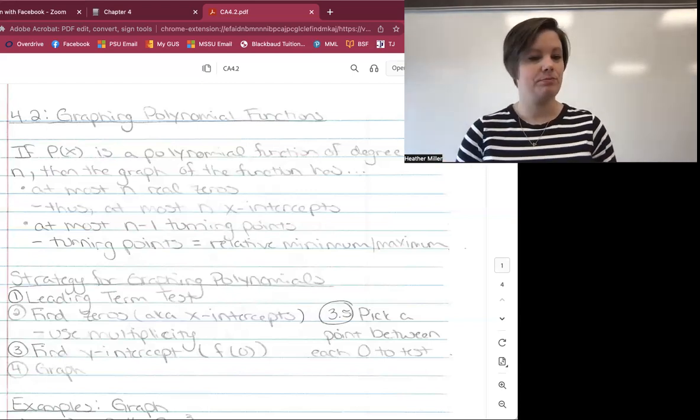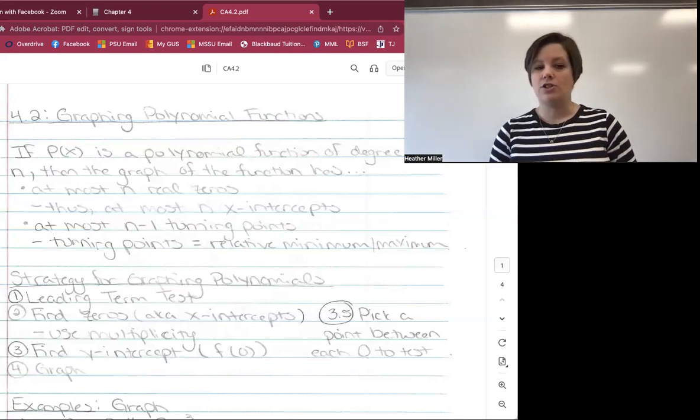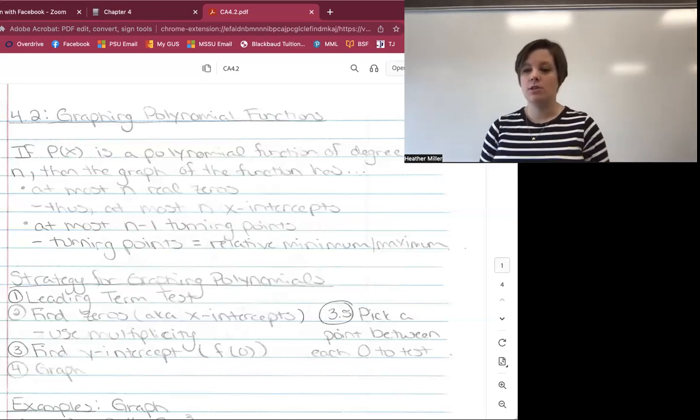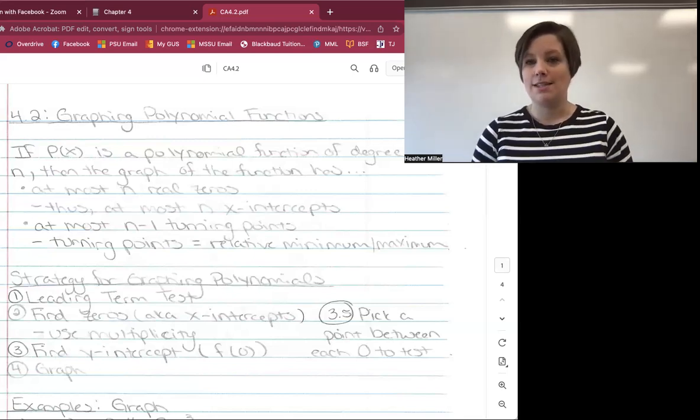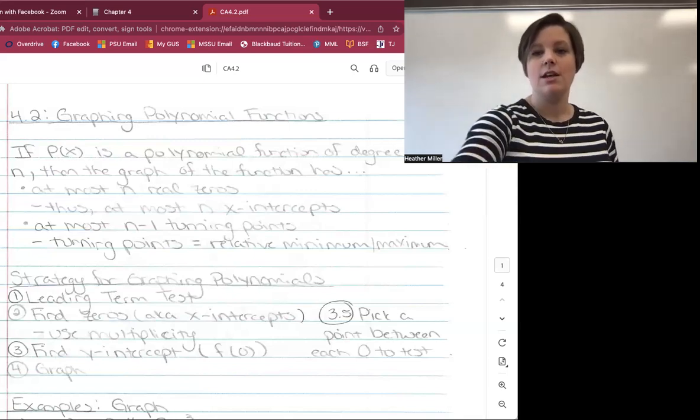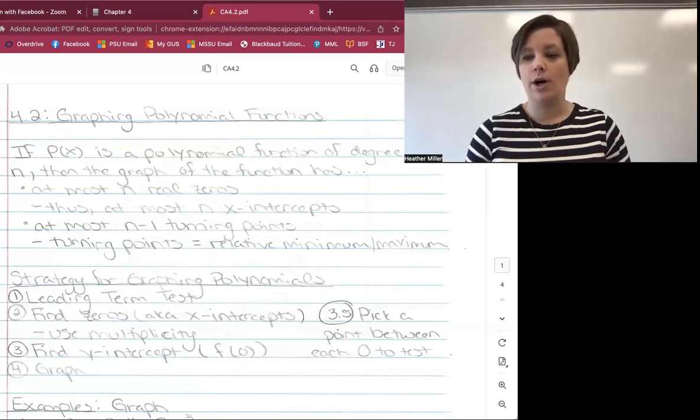So one of the strategies for graphing these polynomials is to first do the leading term test, that leading coefficient test that we learned in 4.1.